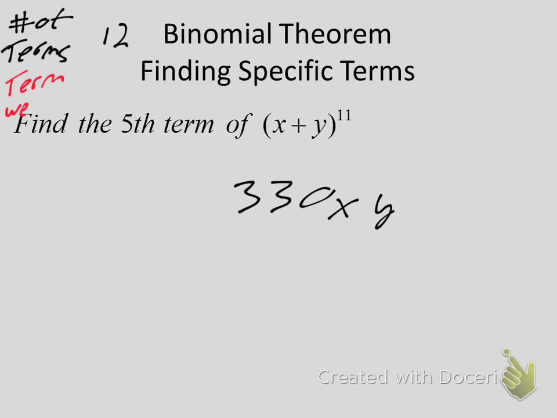We want the fifth. What's 12 minus 5? 7.